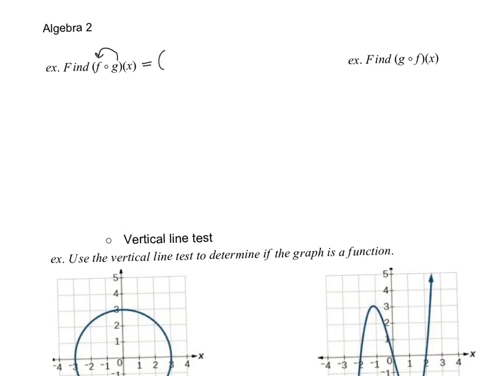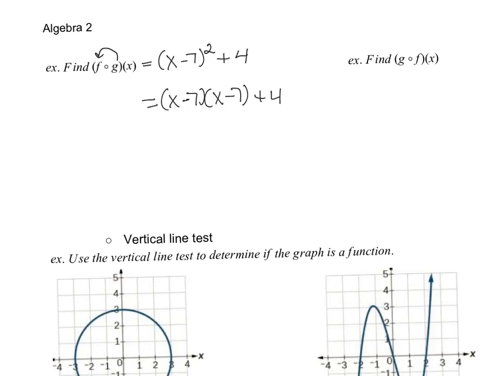So f starts off with x squared, so I'm going to replace that with (x minus 7) squared, and then we're going to have the plus 4. Now, I can't just distribute that squared into the parentheses. (x minus 7) squared is (x minus 7) times (x minus 7). Then we still have the plus 4.